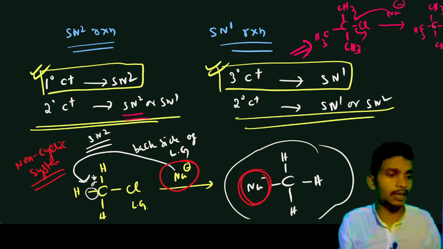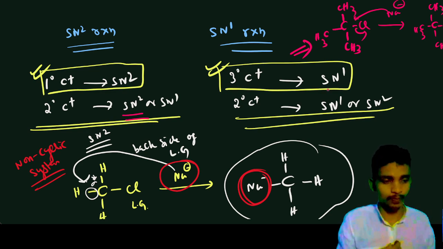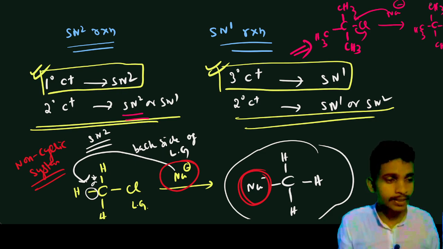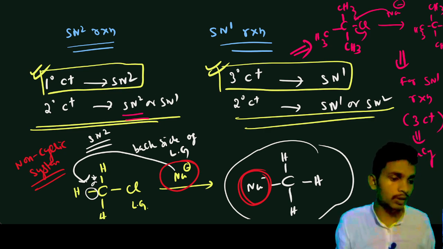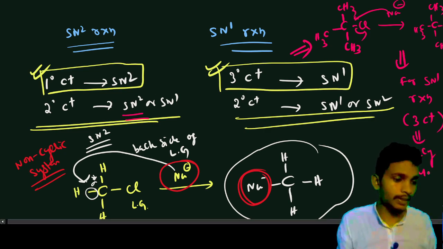So here the anti-periplanar relationship is not important, because the nucleophile is attacking on the same side where the leaving group left. So here we will look only at the migratory aptitude. So for SN1 reactions, that is, if a 3 degree carbocation is there, only look at migratory aptitude.